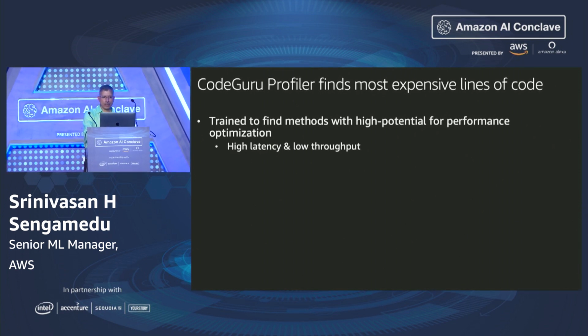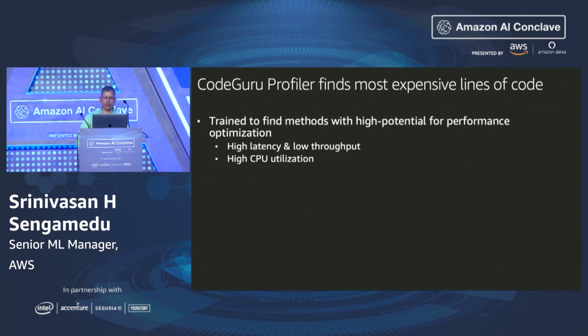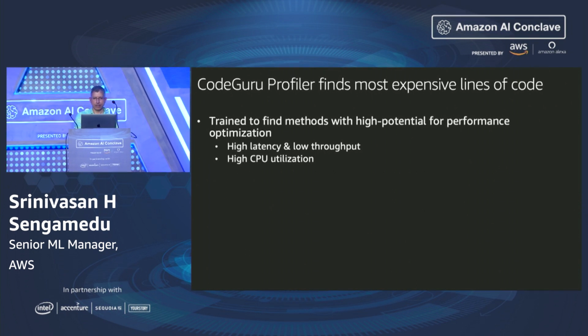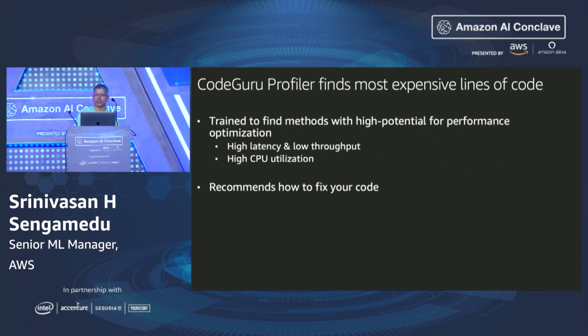This can be in terms of reducing the latency, increasing the throughput, or increasing the utilization. And the second one is it also provides specific recommendations on how you can fix your code.